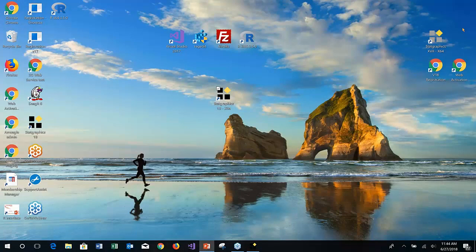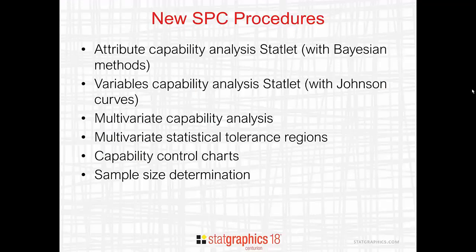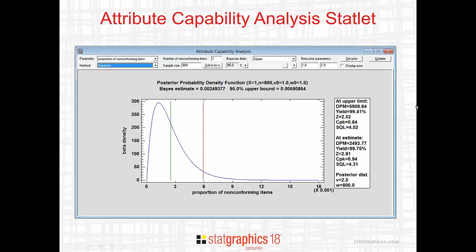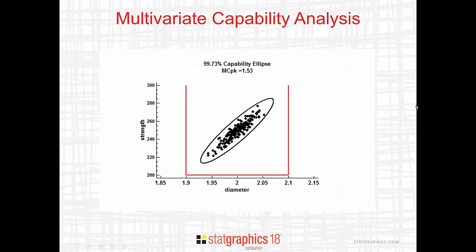Okay, a couple of the other things that we added to version 18: we added the attribute and variable capability analysis. We also added a multivariate capability analysis. This is a situation where you could specify limits on 2 or more variables.